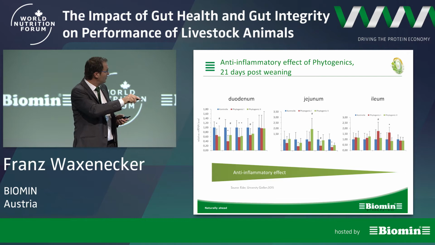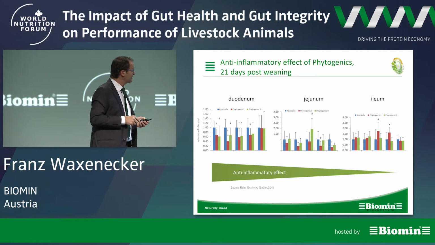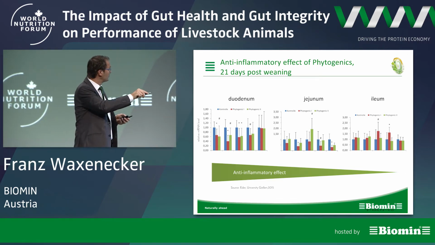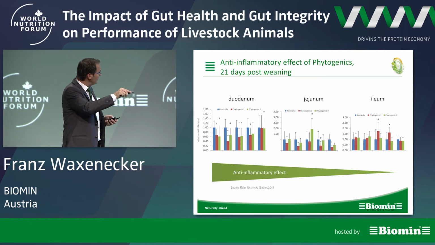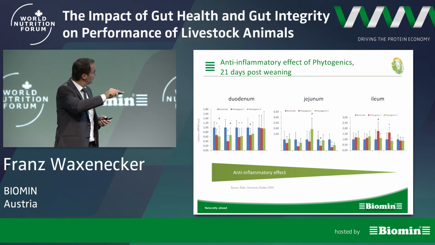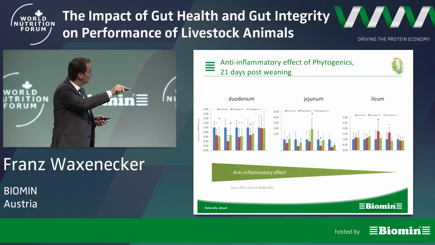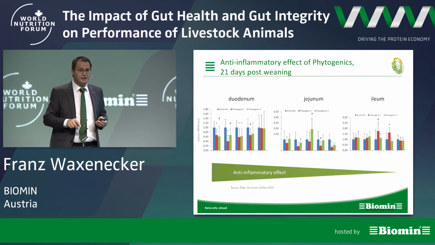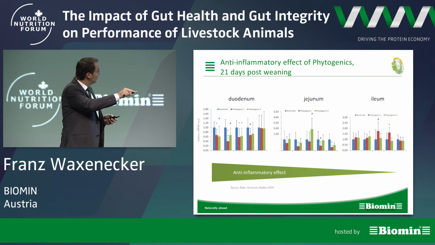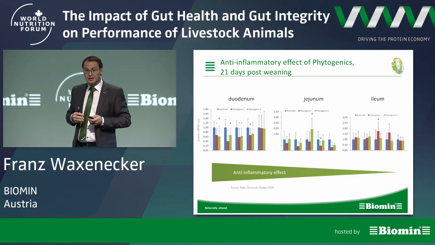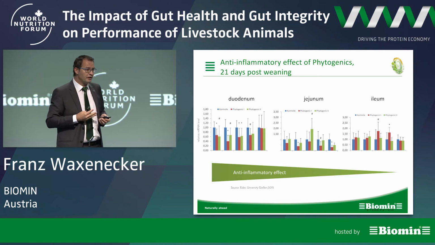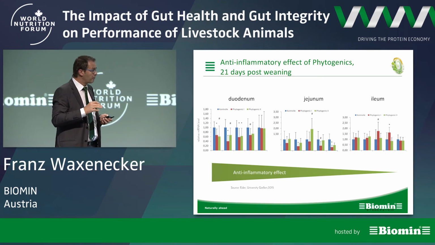I'm wondering where the text is from the x-axis. That's representing the different cytokines. Anyway, we see in the duodenum a stronger effect, in the ileum an almost flat result, but showing clearly that the pro-inflammatory cytokines are downregulated by the use of phytogenics in piglets.